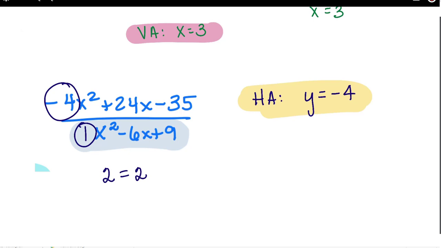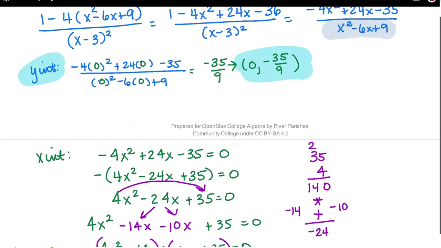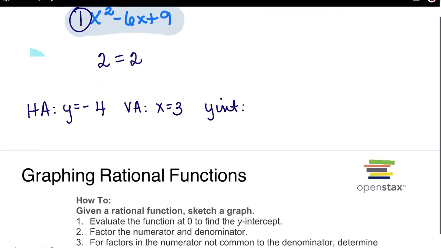So there we have it. Now let's write it all out. We have a horizontal asymptote at y equals negative 4. We have a vertical asymptote at x equals 3. We have a y-intercept at 0 and negative 35/9.